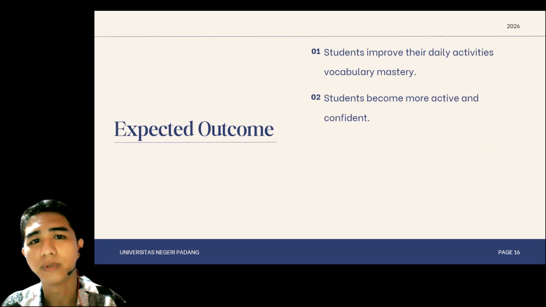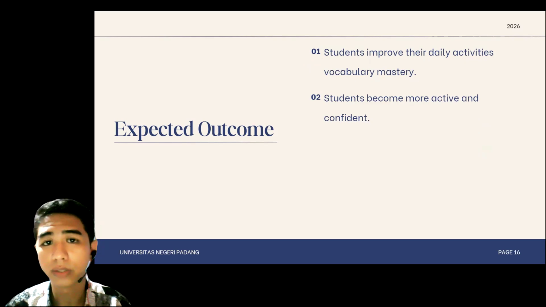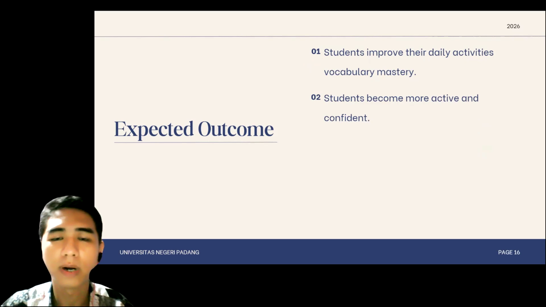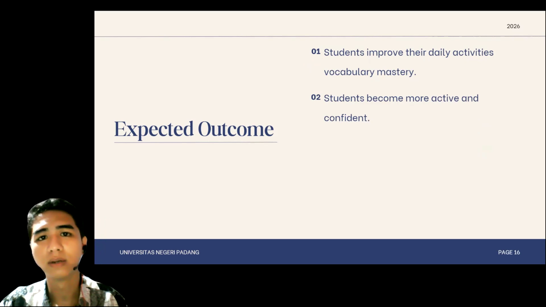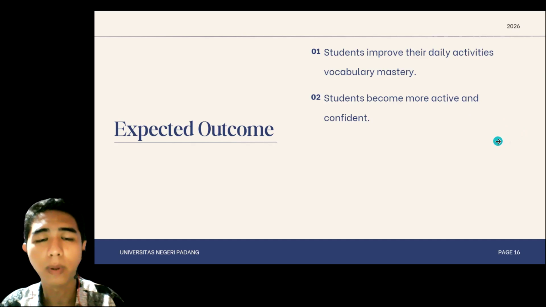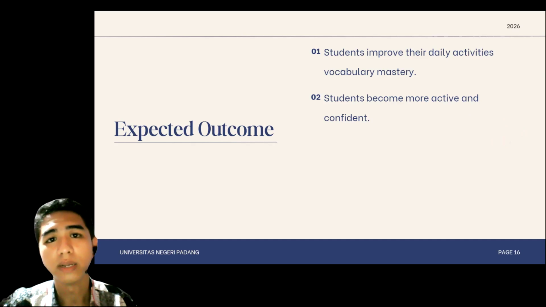Of course, it's important. When students know many vocabulary words, they will become more active in speaking and more confident to speak because they know, understand, and remember the vocabulary they want to use.